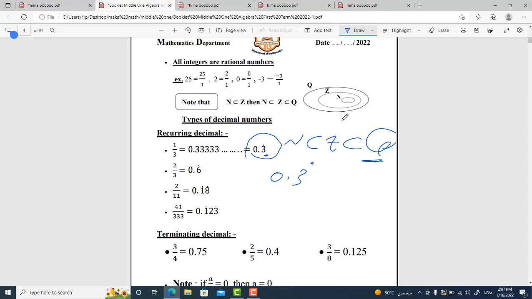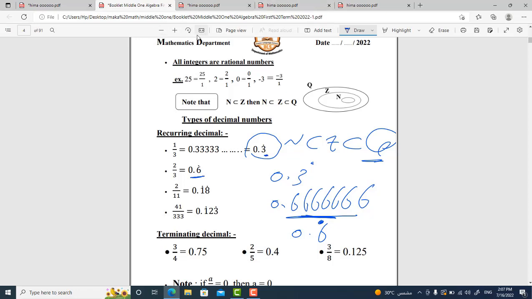We have here 2 over 3. This means 0.6666666. How can I write this? 0.6, put a dot over the number that is repeated.